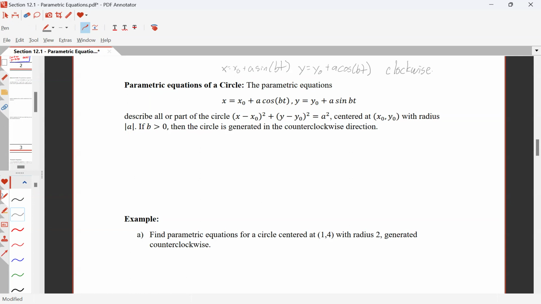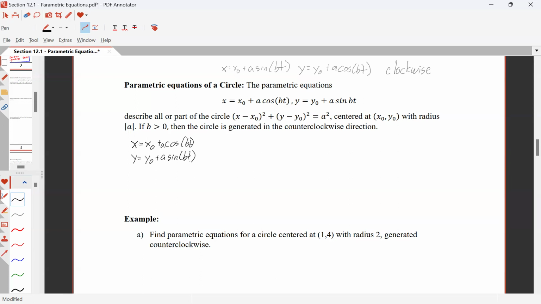How this ultimately ends up working, again, showing the getting rid of the parameter: I have x equals x naught plus a cosine bt, and y equals y naught plus a sine bt.